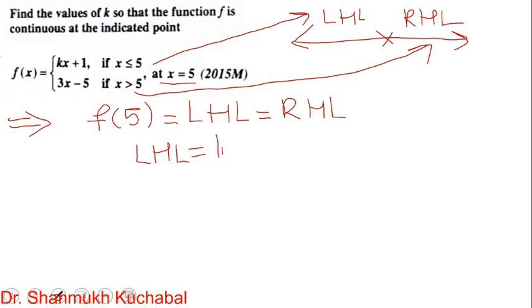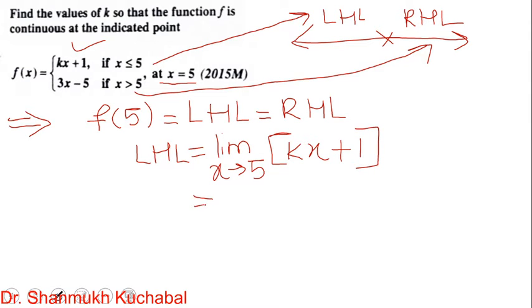LHL equal to limit x tending to 5, since it is defined about the point 5, and f of x we have to mention. For x less than 5, the corresponding function is kx plus 1.